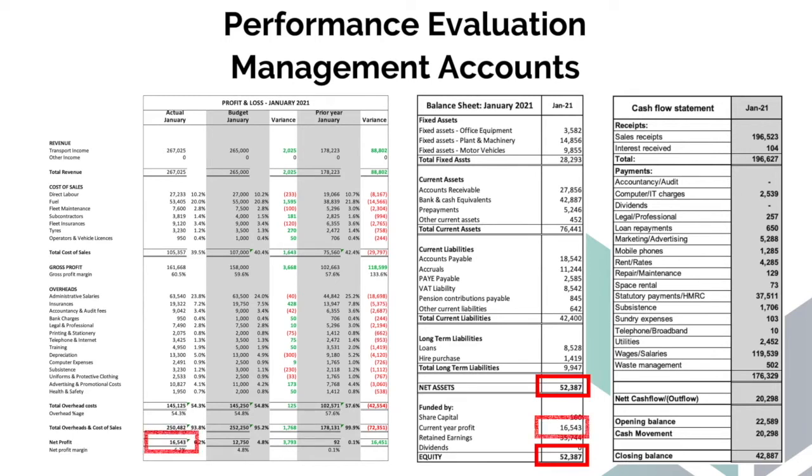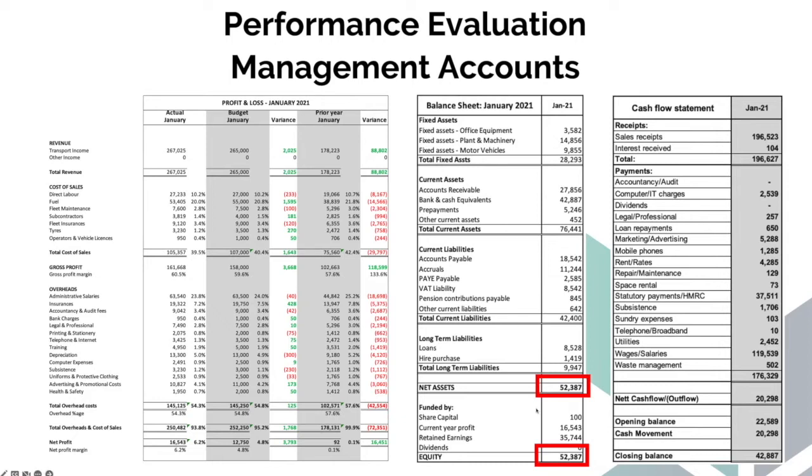Well, 16,543 is the current year profit. So if you look at the management accounts, profit is 16,543. So the first thing you need to bear in mind is if this was anything other than 16,543, then this wouldn't agree. So that 52,387 is £100 of share capital plus the current year profit plus the retained earnings, which is the profit from previous years, equals 52,387.